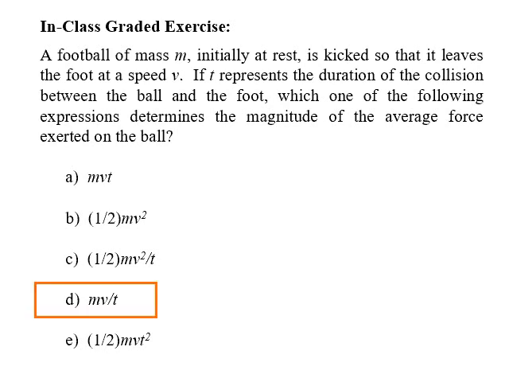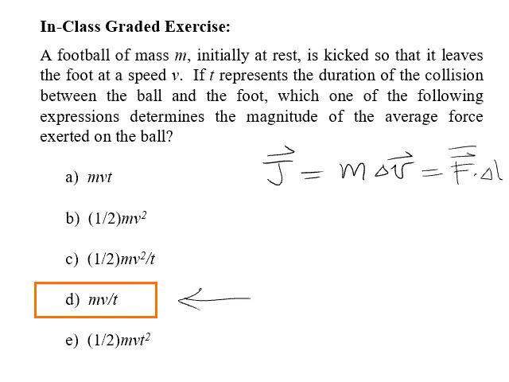Okay, so hopefully you identified mv over t as being the right answer. Again, the momentum change, the impulse, is equal to m times the change in velocity, and that's also equal to the average force times the time of the collision. In this particular case, the final speed was v, the original speed was 0, so there's our momentum change.